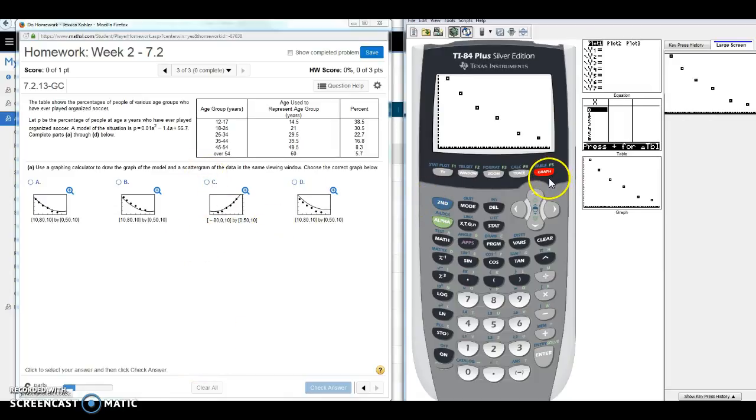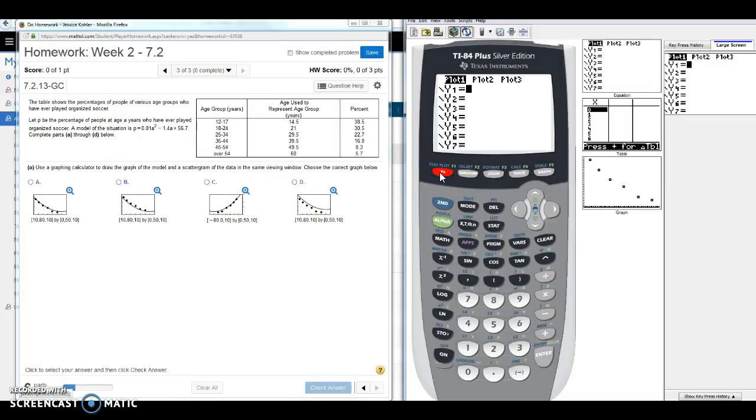And then if I would like to also graph my equation, I'm going to go to y equals, and I'm going to put in this equation. 0.01, they have an a for their x variable. We're going to use x by clicking this button. Squared, here's the squared button.